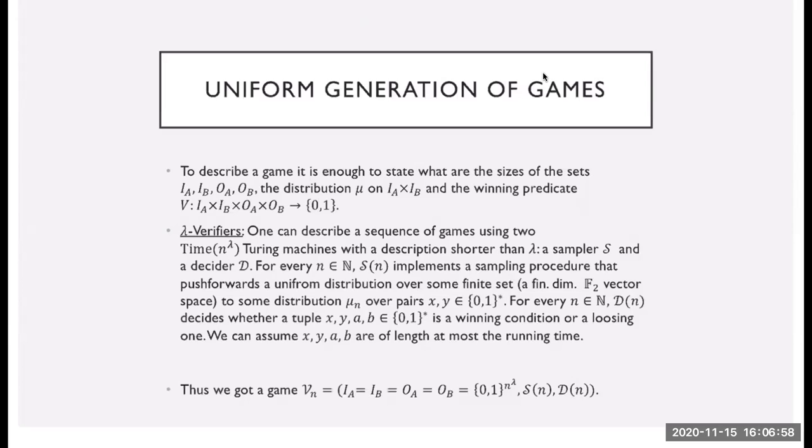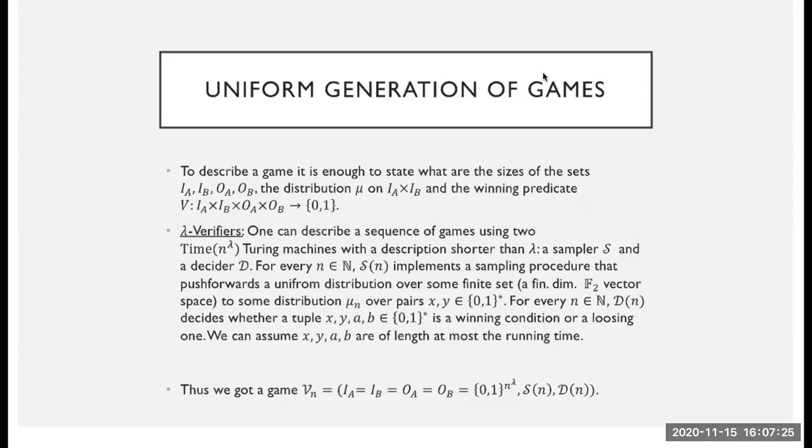And the output is a pair of questions, so 2 strings. And you can bound the length of these strings by the running time. These are 2 strings of bits of length at most n to the lambda.